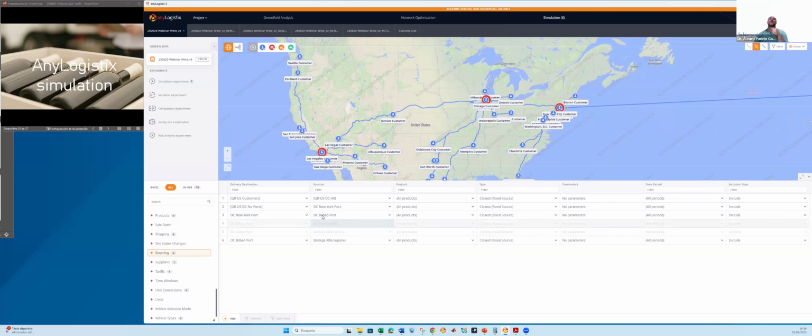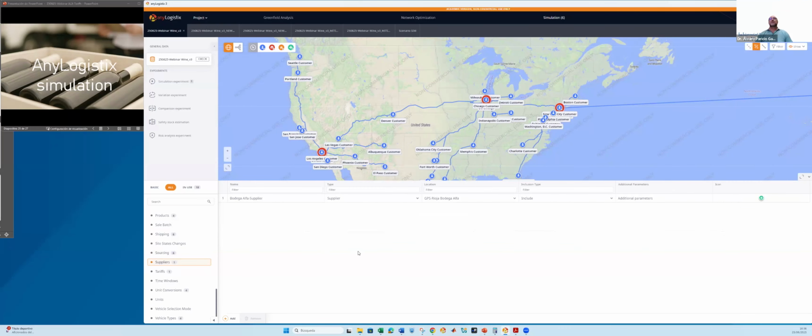And we also have the sourcing from Bilbao port to New York port and from the bodega to the Bilbao port. These are the sourcing rules and the sourcing policies. The policies are here; we are just using the closest site.